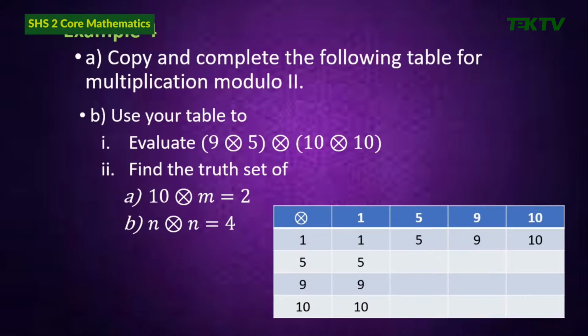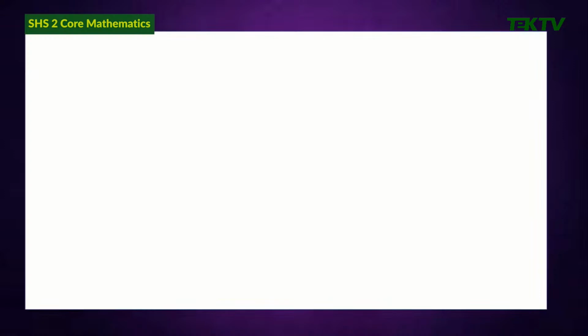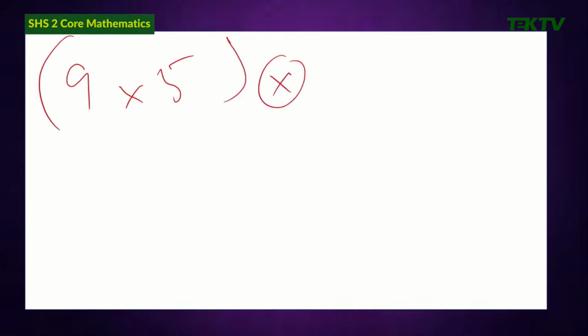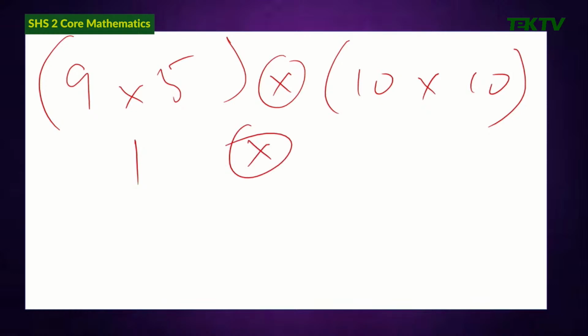Okay, let's go back to the table. 9 times 5, or times 10 times 10. 9 times 5 is 1. 10 times 10 is also 1. And now 1 times 1 will give you 1. So that is the answer for the B part.